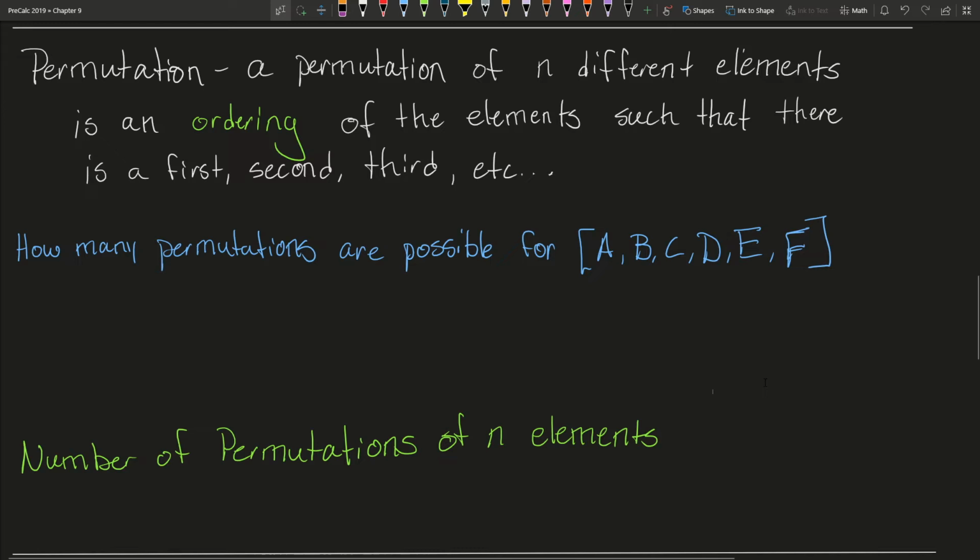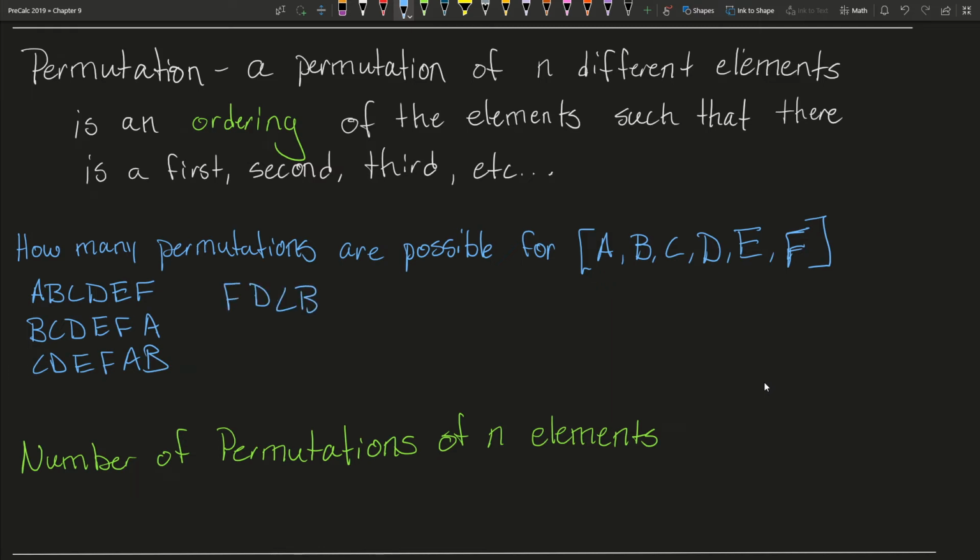So if we have A, B, C, D, E, and F, and we want to see how many different orders there are for that, we could write down all the different orders. We would write A, B, C, D, E, F. The next order might be B, C, D, E, F, A. The third would be C, D, E, F, A, B. But then you get stuff like F, D, C, B, A, E, right?